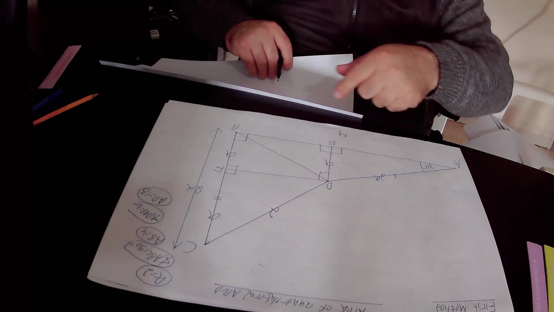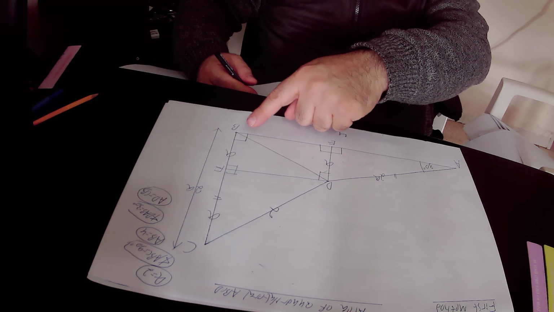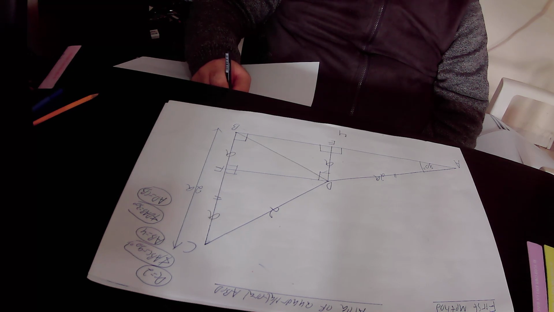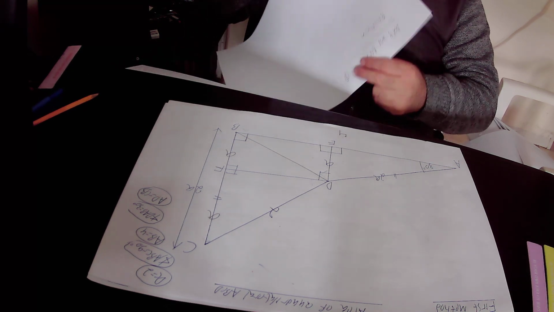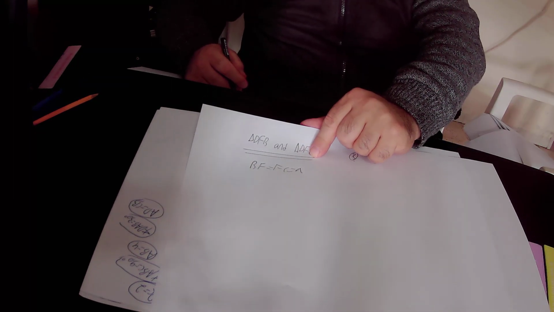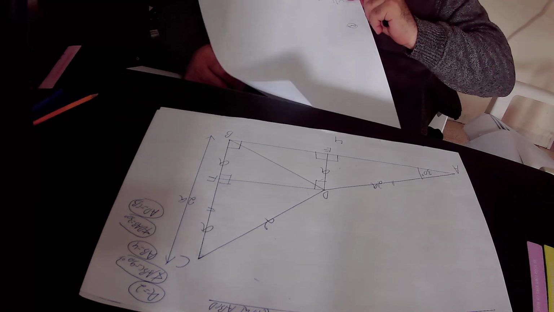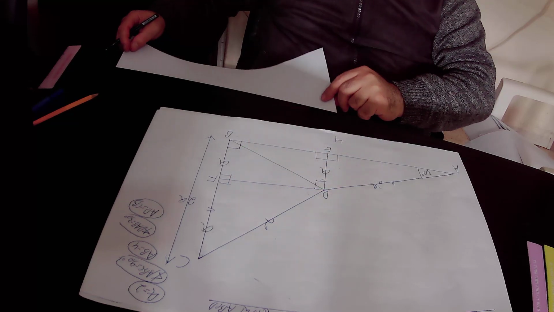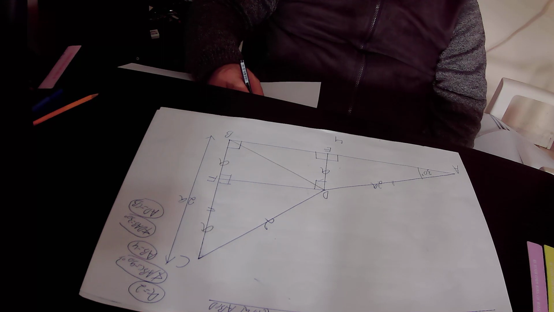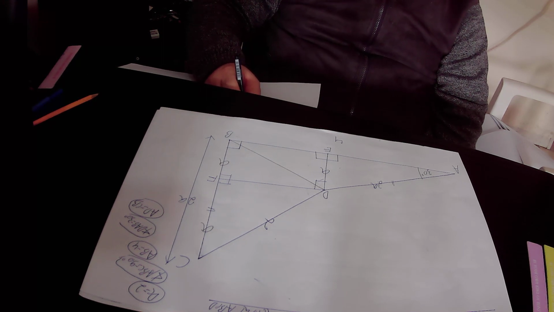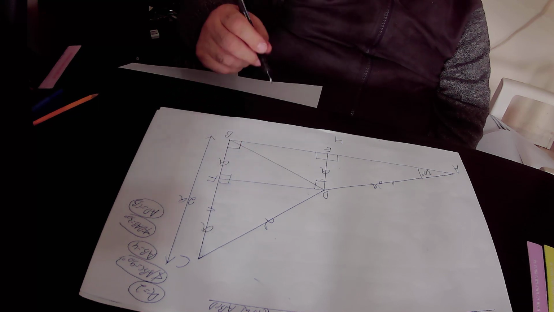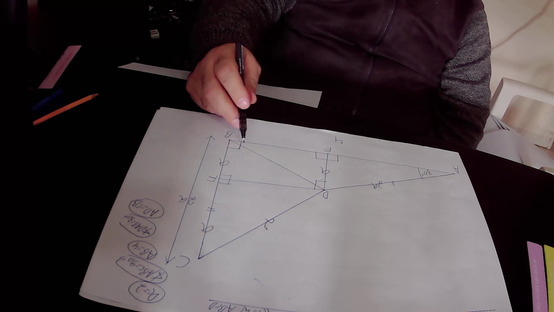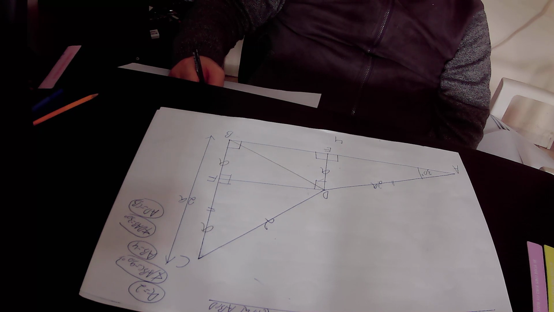So why are those two triangles congruent to each other? First of all, we know that BF equals FC equals A. We also know that those two angles are equal to each other, they are both right angles, so angle DFB equals angle DFC, and both angles are right angles, that is to say they are equal to 90 degrees.